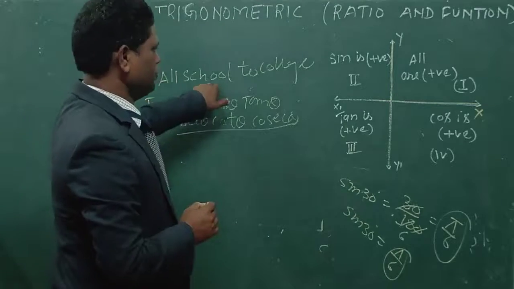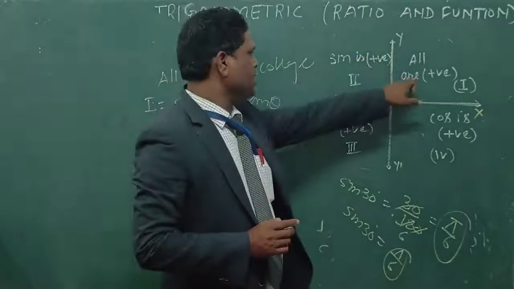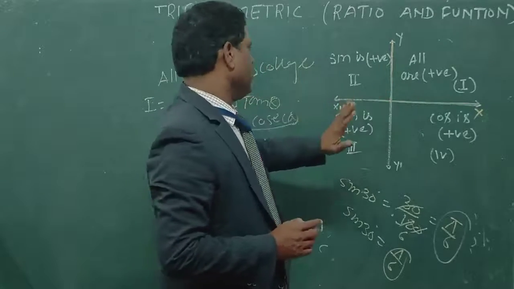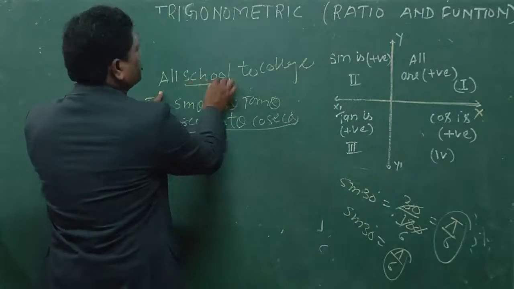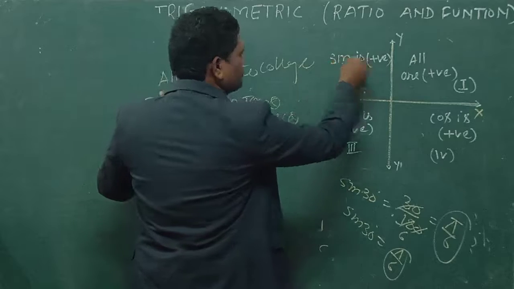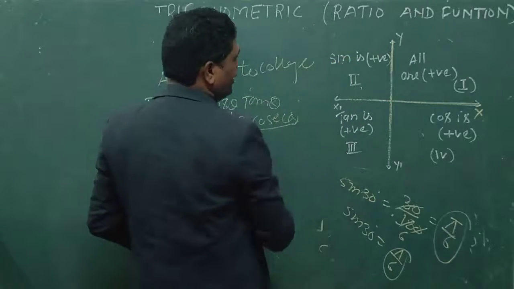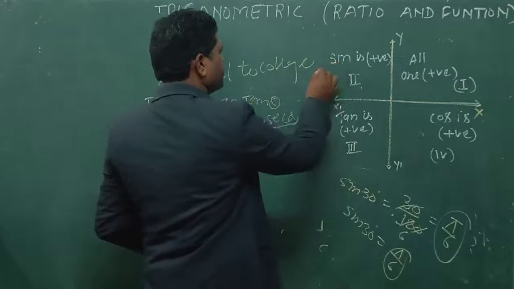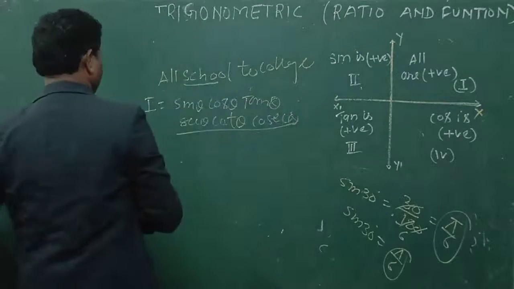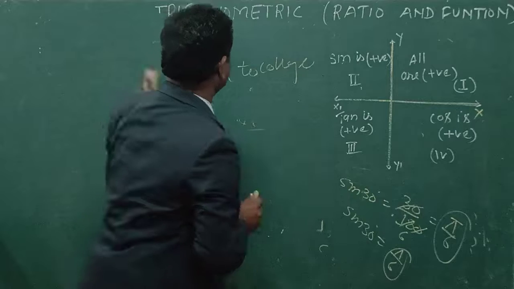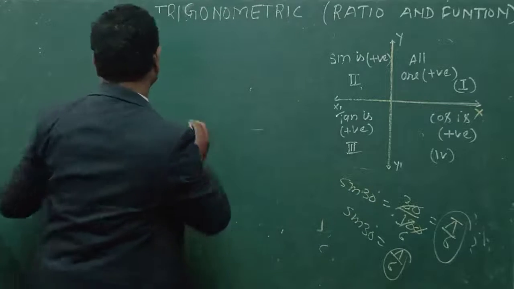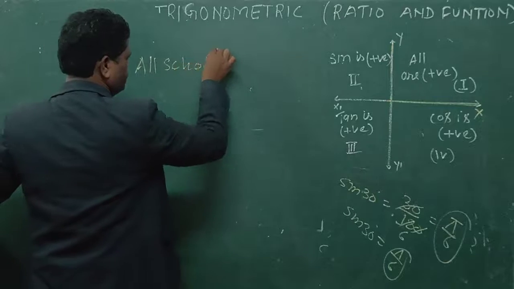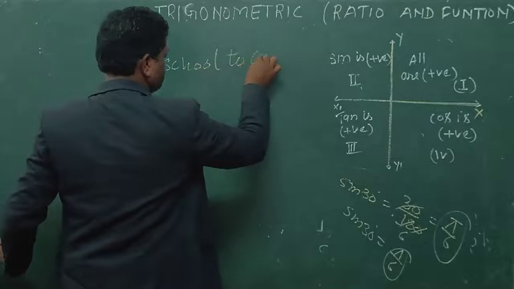All means सभी. All, sin, cos, tan, cosec, cot, and then "School": sin and cosec. In the second quadrant, only sin and cosec are positive. First of all, write "All School to College."